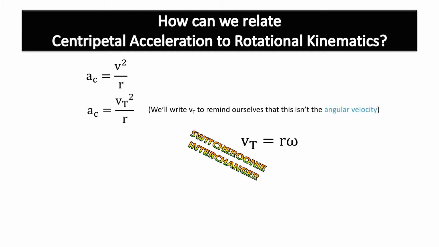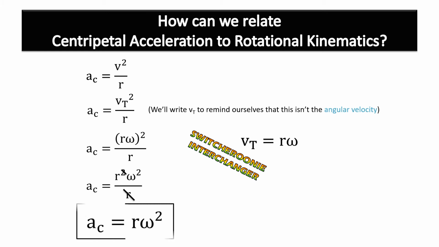So now every time we see a v_t, we plug in r omega, and now we're looking at the centripetal acceleration in terms of angular velocity. So this looks a little bit messy. We could clean this up a little bit. Let's square both things in there. And then we have a lot of r's there, so we could cancel out one of those r's.